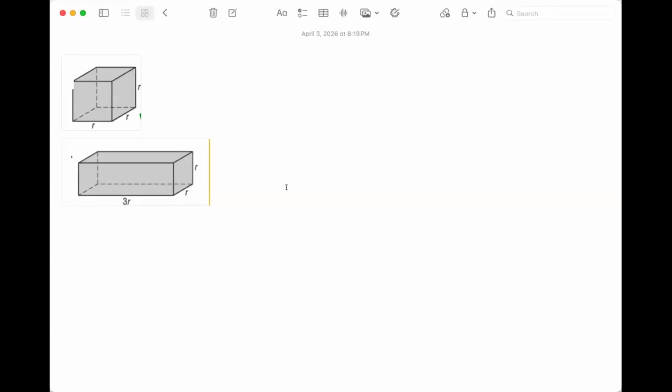Okay, I want to compare. How are these volumes different? I'll give you two solids, number 1 and number 2. How can you compare the two solids' volume? One is 2 times the other, one is 3 times the other.